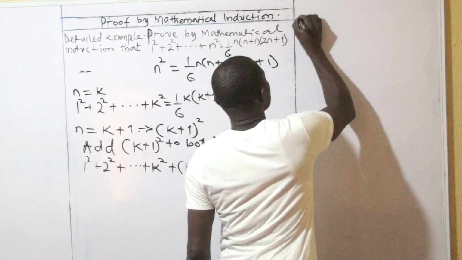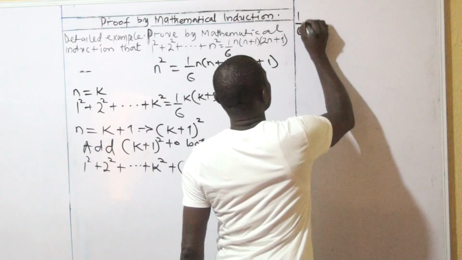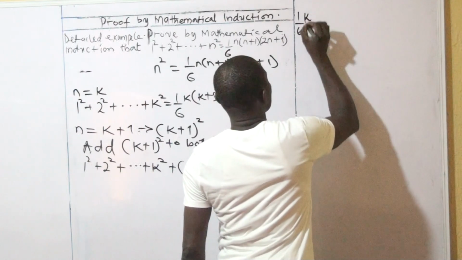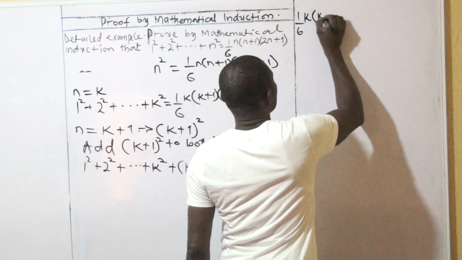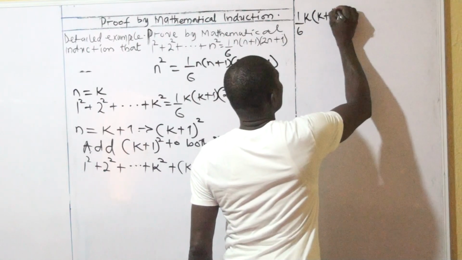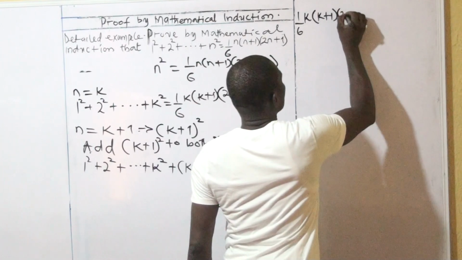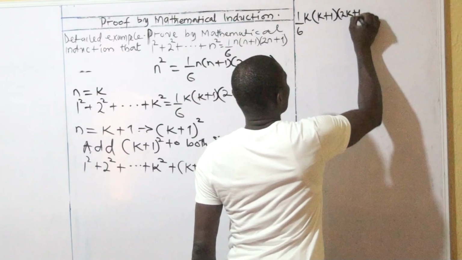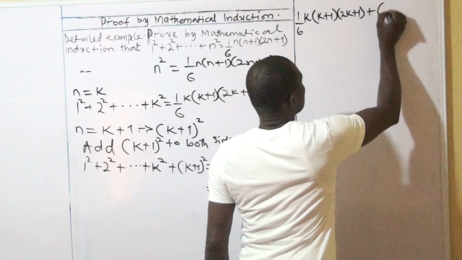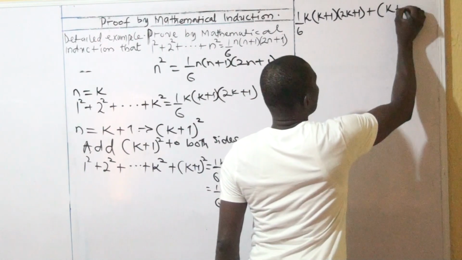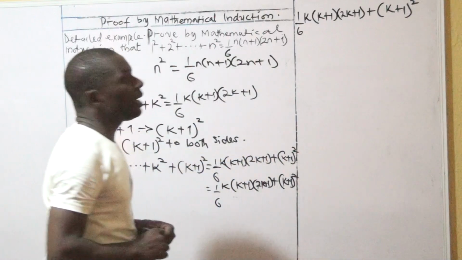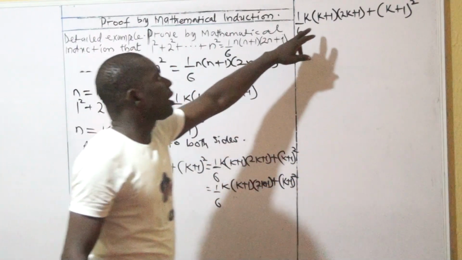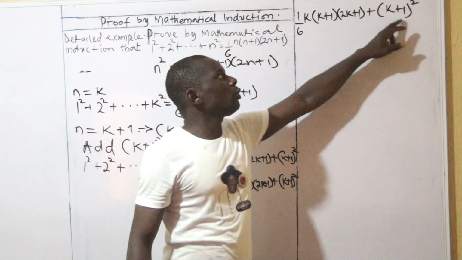This is 1 over 6 k, open bracket k plus 1, open bracket 2k plus 1, plus k plus 1 all square. Now if you can see here, in this term we have k plus 1, and on this side we have k plus 1 square.